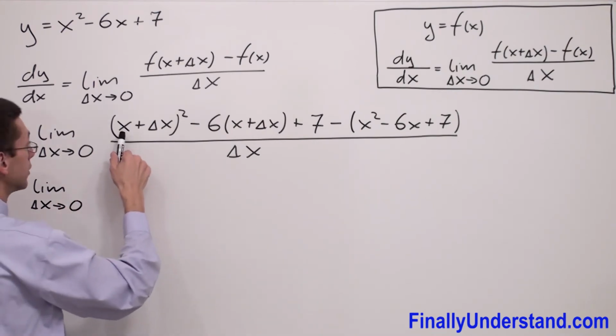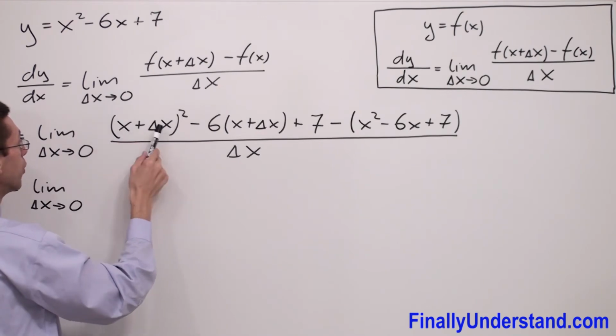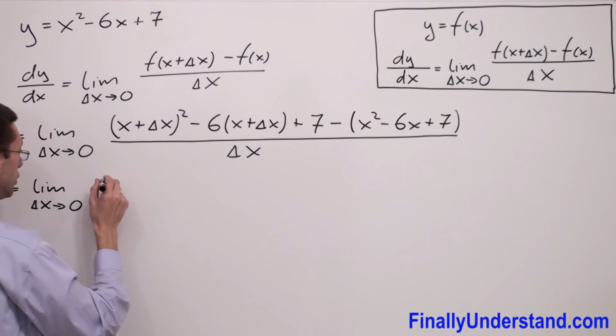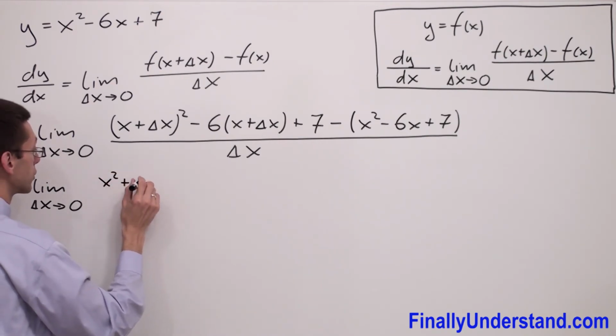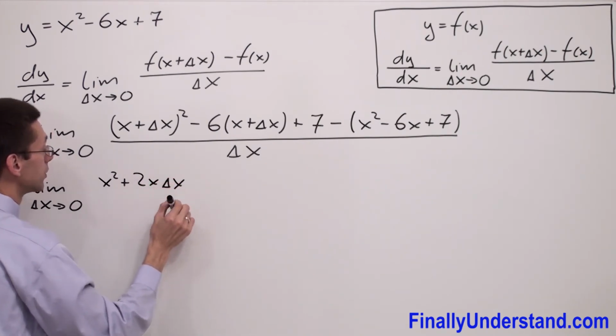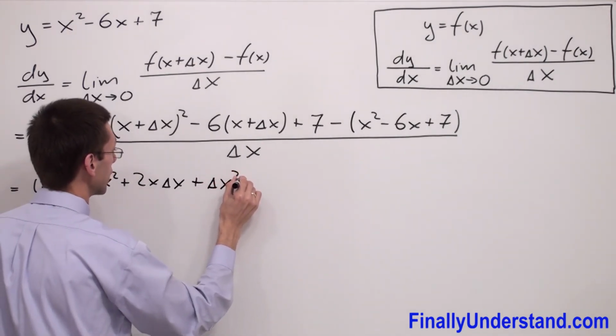And what do we have over here? We have the square of the sum. Okay, so what we're supposed to do? Simply apply the formula. x squared plus 2x delta x plus delta x squared.